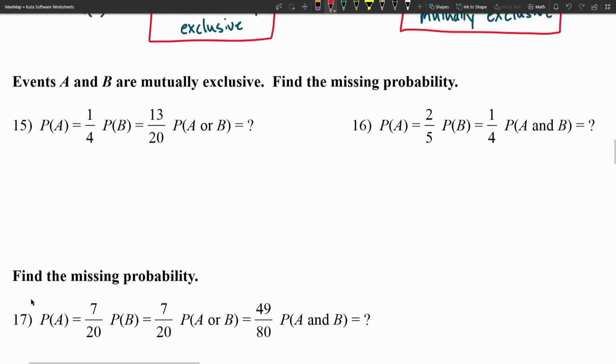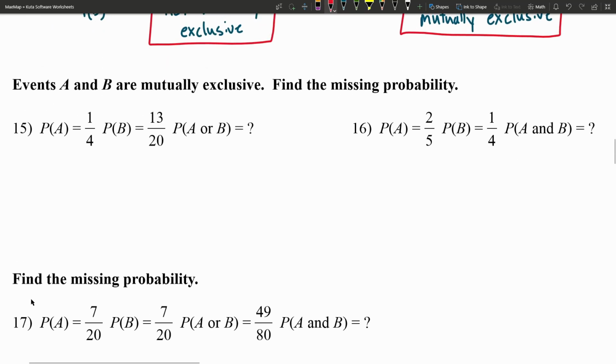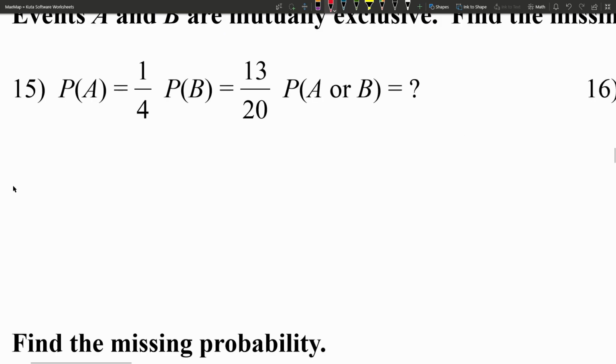For number 15 and 16, it states that both events A and B are indeed mutually exclusive. So we just have to find the missing probability. So we know for a fact they're mutually exclusive. If they're mutually exclusive, that means the probability of A and B, that intersection, is indeed equal to 0.